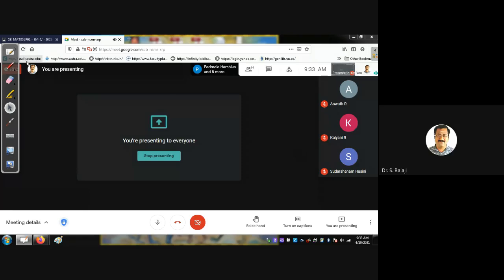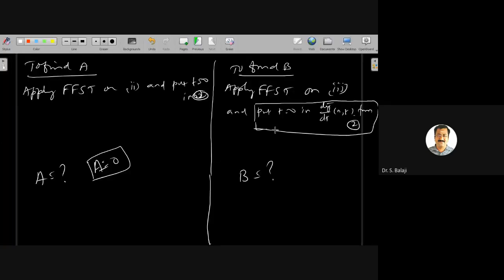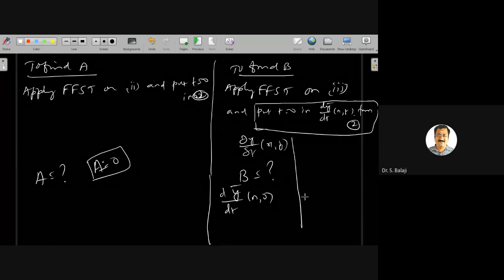For getting the B value, you have to take the finite Fourier sine transform on L minus X, dou y by dou t of X comma 0. Left side, after taking the Fourier transform, becomes dy bar by dt of n comma 0. But on the right side we are going to use the integral from 0 to L of (L minus X) sin(n pi X by L). Yes.